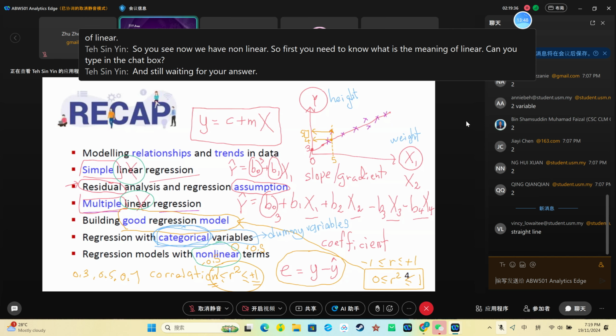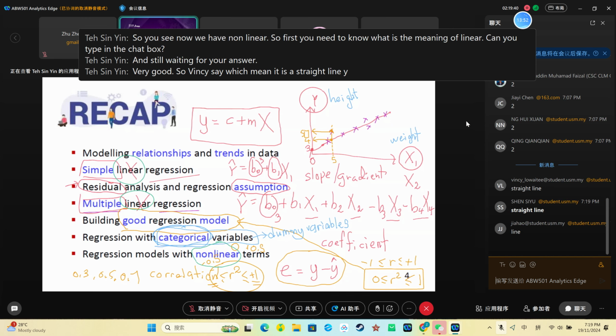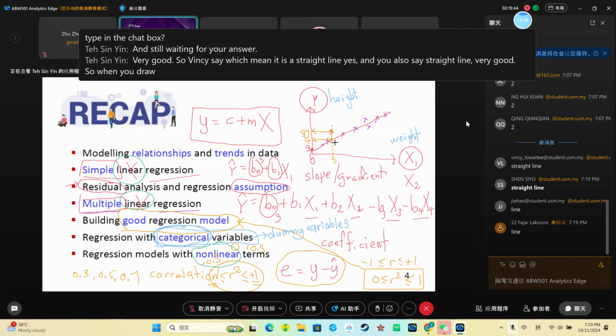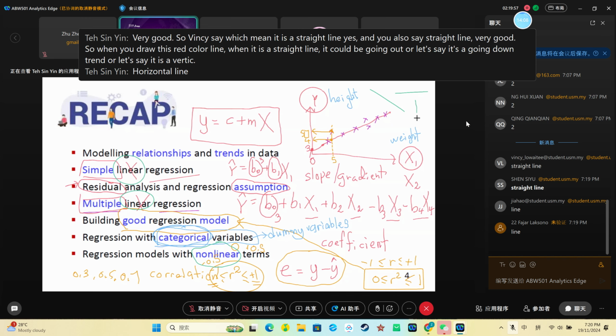Very good. So Vinci says it is a straight line. Yes, and you also say straight line. Very good. So when you draw this red line, when it is a straight line, it could be going up, or a going down trend, or a horizontal line. We call this a straight line or a linear line.